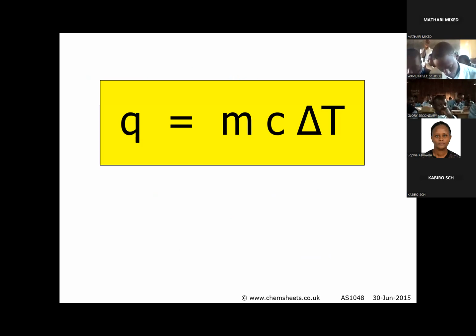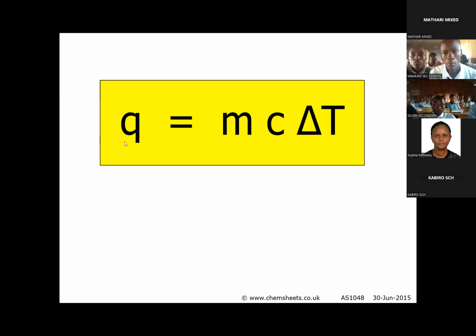But often, as we saw in the question which I showed you at the beginning, it asks for the molar heat energy or heat or enthalpy change. And that means that we need the number of moles of chemicals reacting. Now, this is what I want you to understand, that Q can be just the amount of heat.